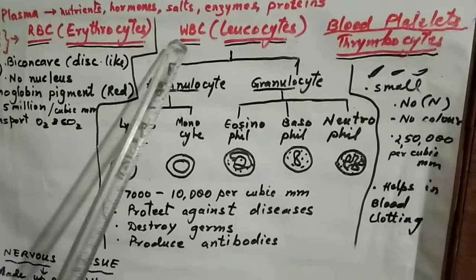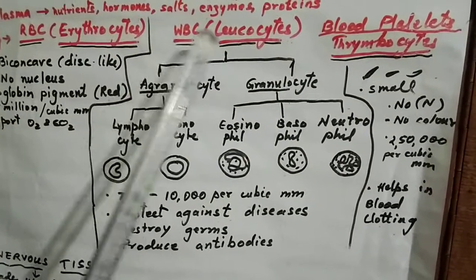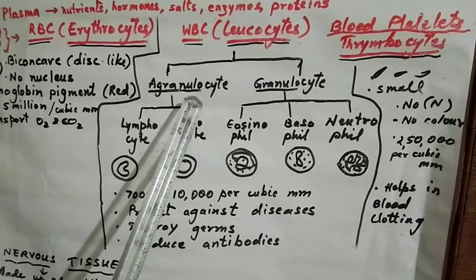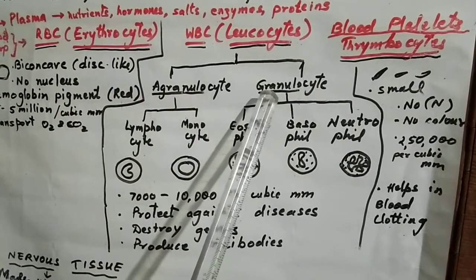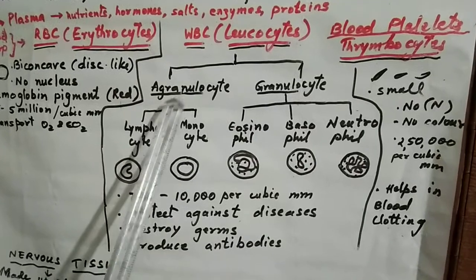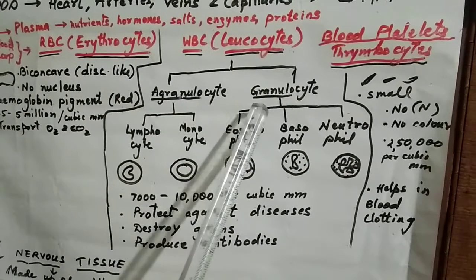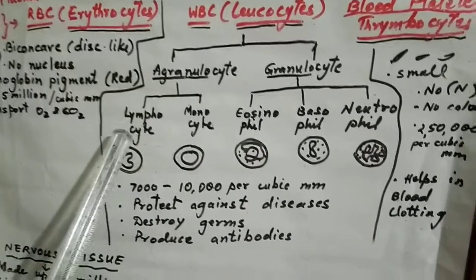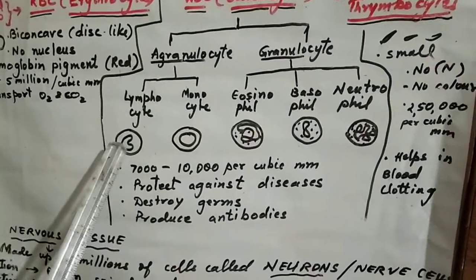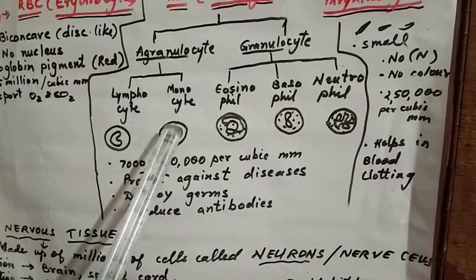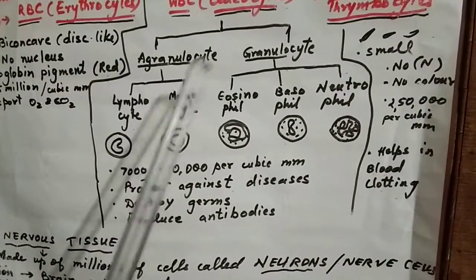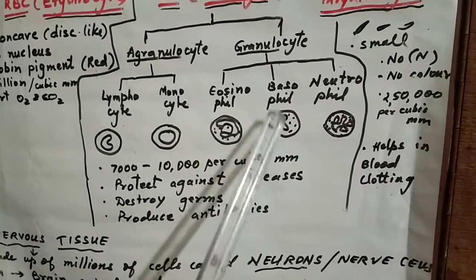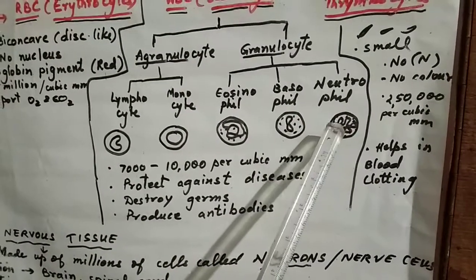Let us talk about WBCs, called leukocytes, white blood cells. They are of two types: granulocytes, having granules, and agranulocytes, which do not have granules in the cytoplasm. Agranulocytes are of two types, called lymphocytes and monocytes. Granulocyte WBCs are of three types: eosinophils, basophils and neutrophils.